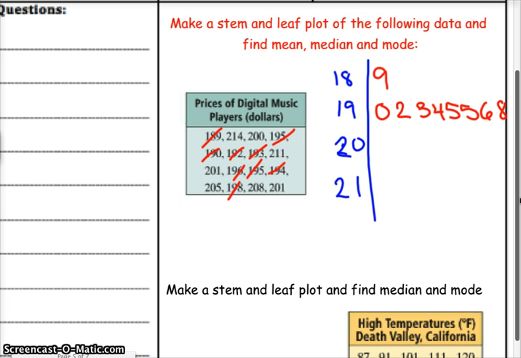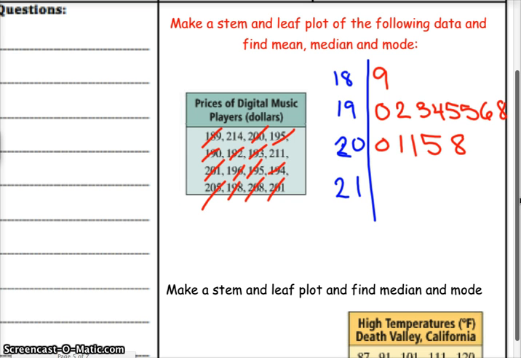I can already start analyzing this, saying, oh wow, I have a lot of data in the 190s. So that tells me that my mean and median, when I find a center, my center's got to be somewhere in the 90s if you were to label them out. Okay, the 200s, I have a 200, I have a 201, I have another 201, I have a 205, and then a 208.